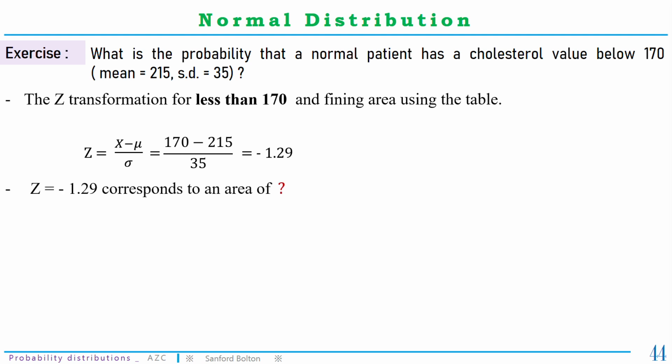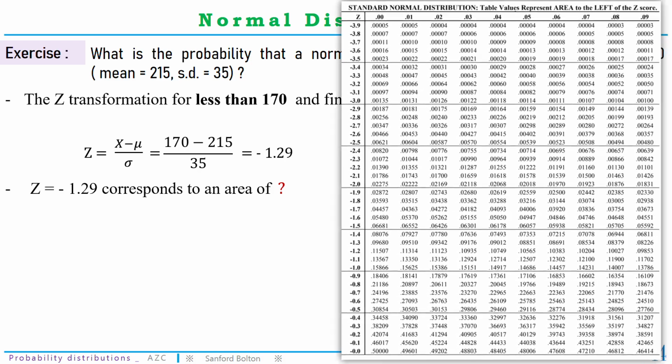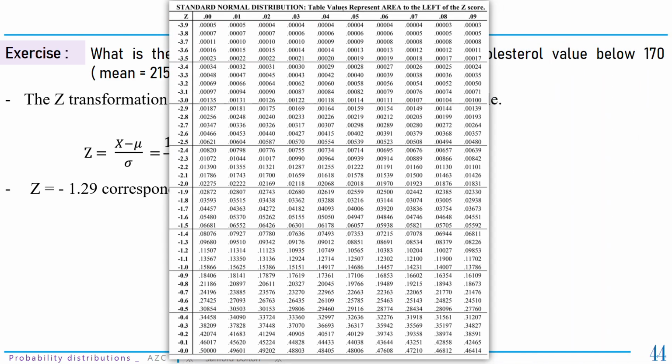Let's check the area that corresponds to the z-value of minus 1.29 in z-table. Select row of minus 1.2 and column of 0.09. So, answer we get is 0.09853.